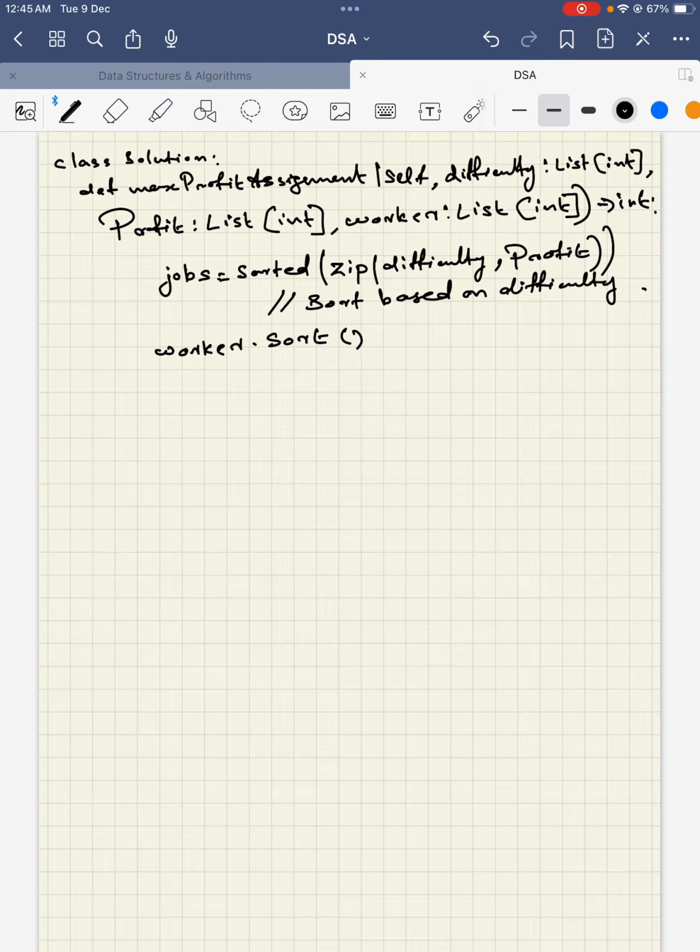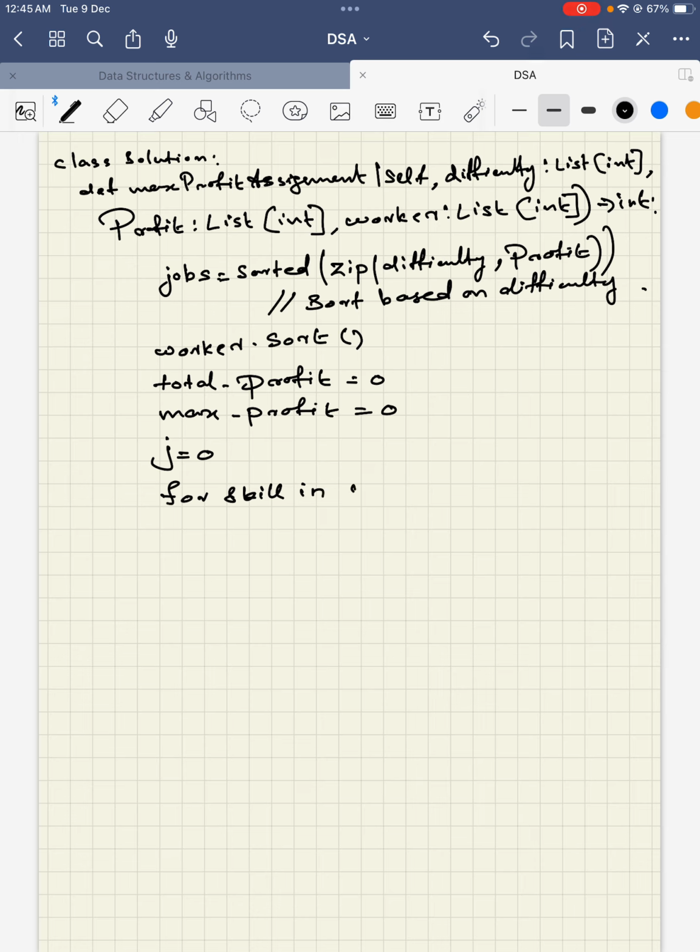Once this is sorted, we can calculate the total profit and the maximum profit one particular worker could get. So total profit equal to 0, max profit equals 0, and another pointer j equal to 0 which I will be using here. For skill in worker, while j less than length of jobs.